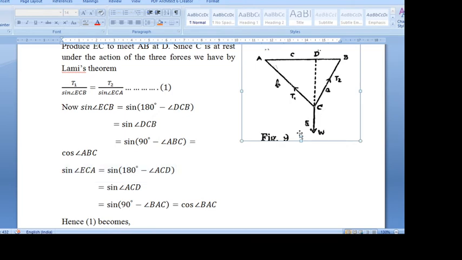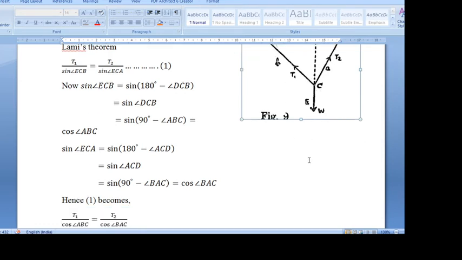In the same way, sine ECA is equal to, what is the angle ECD? The angle ECD equals 180 degrees. Therefore, sine ECP equals sine of 180 minus ACD. But sine of 180 minus ACD equals sine ACD. What is sine ACD?